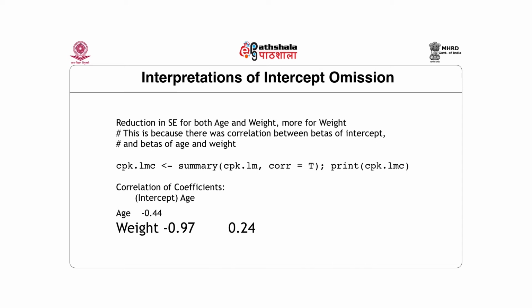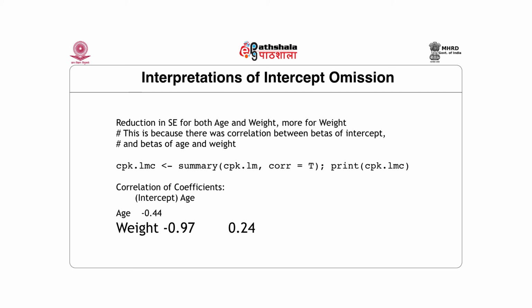This is because there was a correlation between the regression coefficients themselves, of the intercept and the betas of age and weight. In order to report that correlation, you take the summary but ask for the correlation of the coefficients. Then you see that between the intercept and age it's minus 0.44, but between the intercept and weight it is very, very high, almost 0.97.